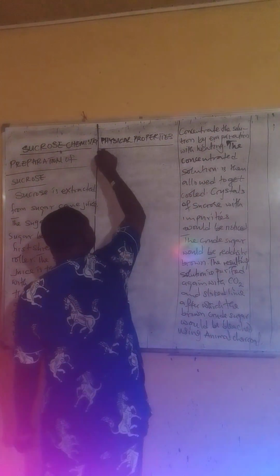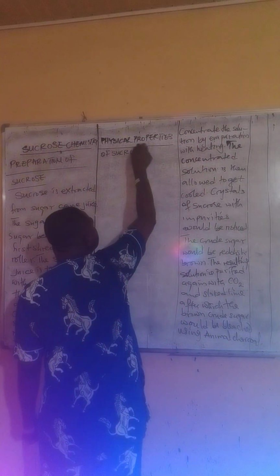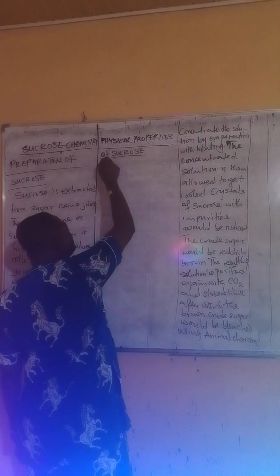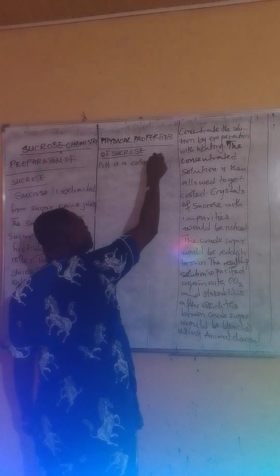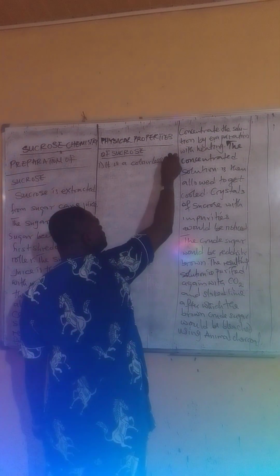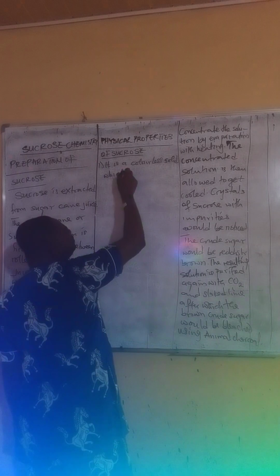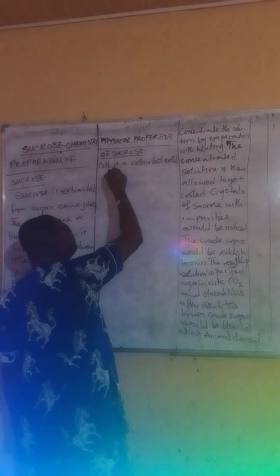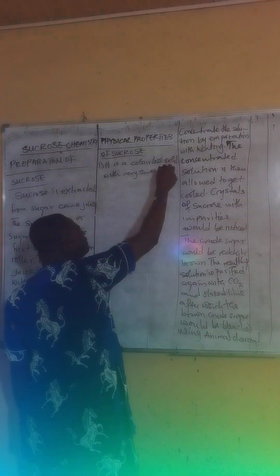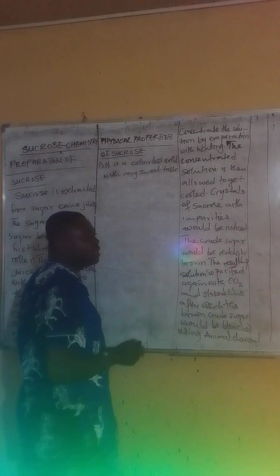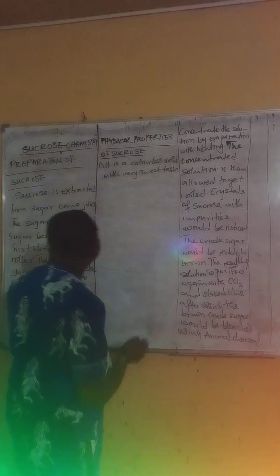Then the next thing to look at is the physical properties of sucrose. Number one, it is a colorless solid with a very sweet taste. How many of you have tasted table sugar they use to prepare tea? Very sweet.